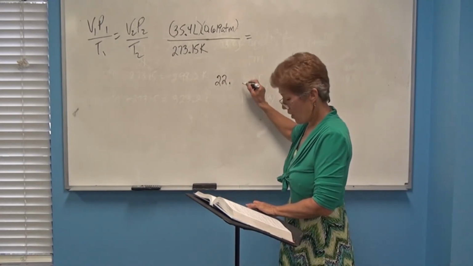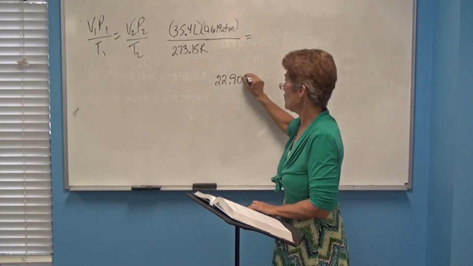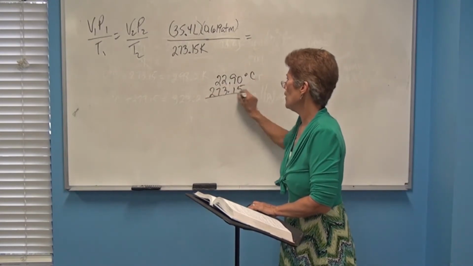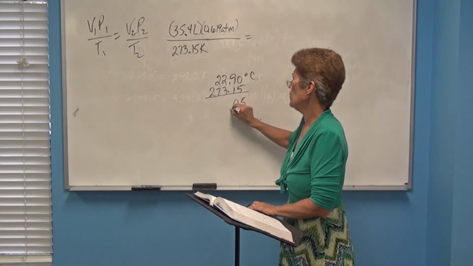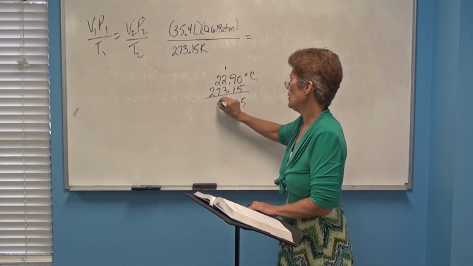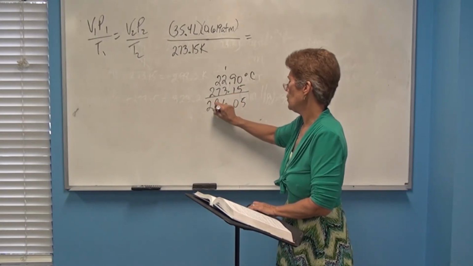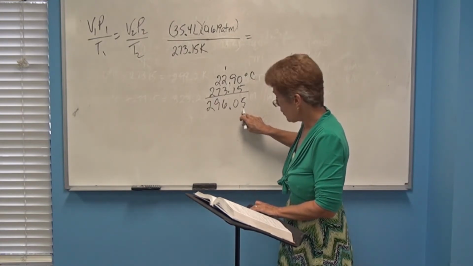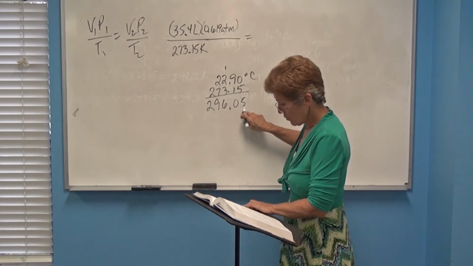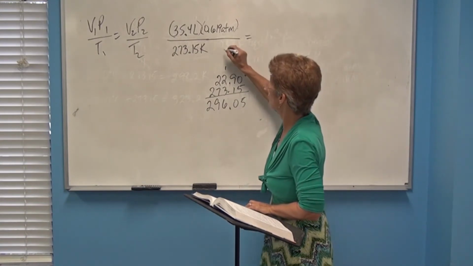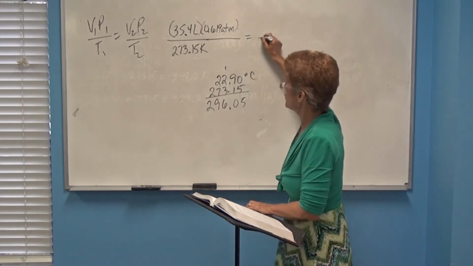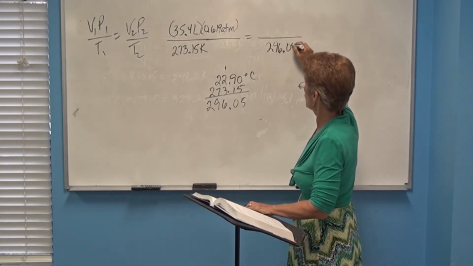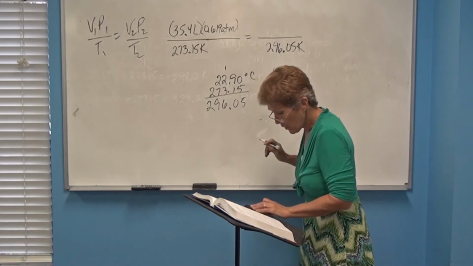Now we're given 22.90 degrees Celsius, plus 273.15. So that's going to give me 501,692. Yes, I can use all of those significant figures here. So that's 296.05. And that's going over here, 296.05 Kelvin.